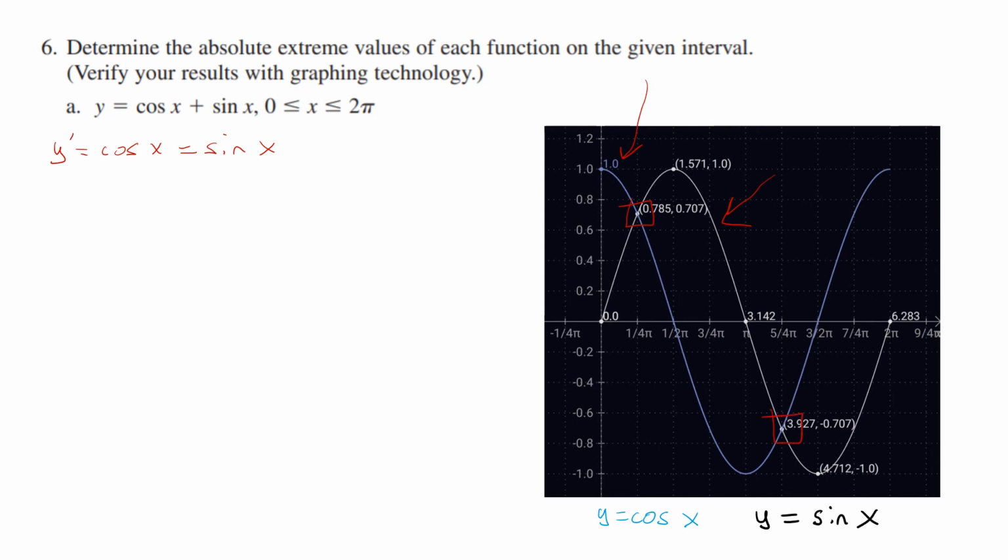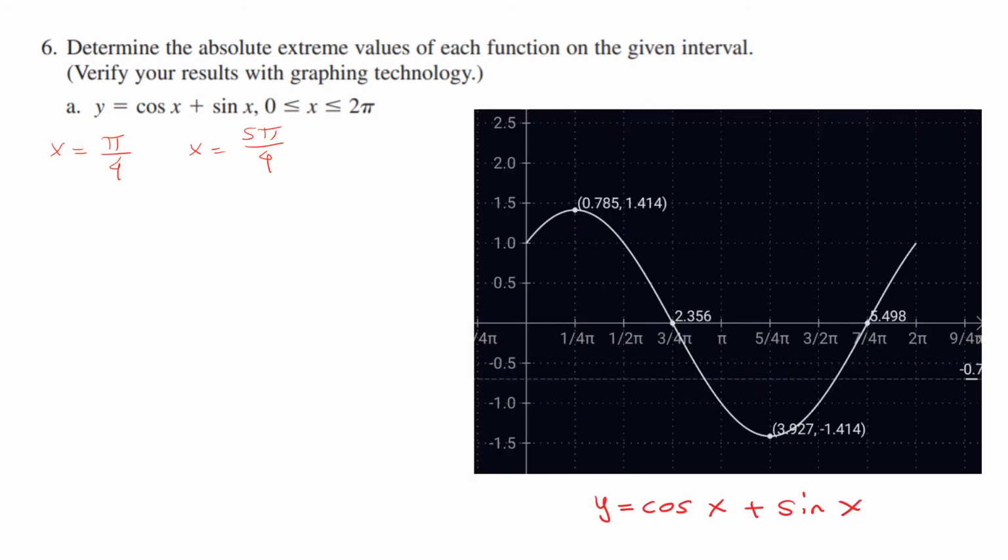The first one corresponds to pi over 4, and the other one corresponds to 5 pi over 4. So my points automatically are pi over 4 and 5 pi over 4.